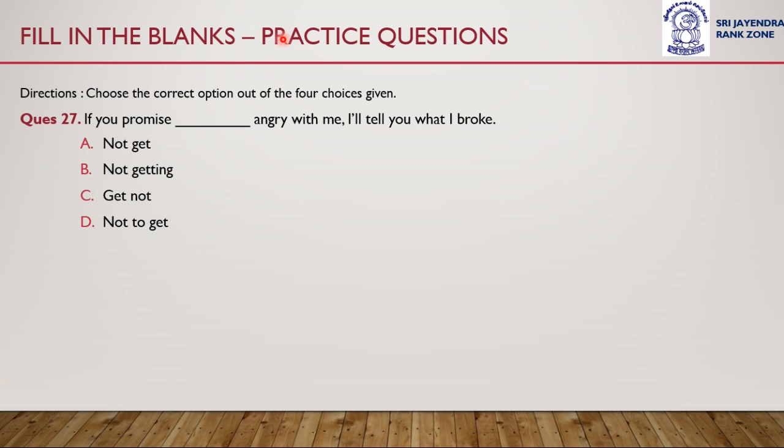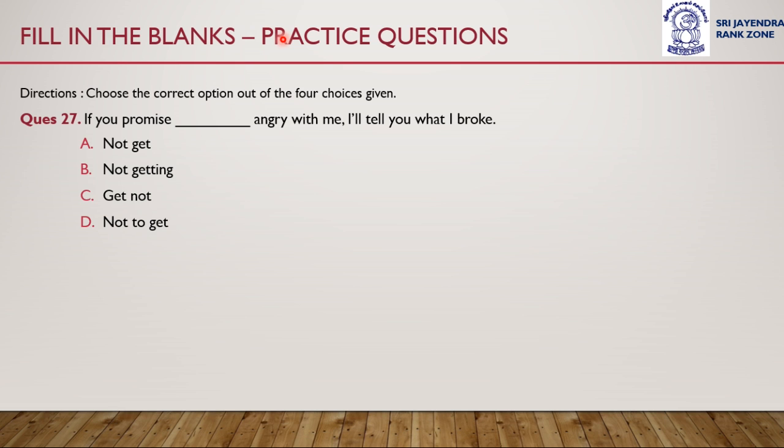Options are option A not get, option B not getting, option C get not, and option D not to get. If you promise dash angry with me, I will tell you what I broke.